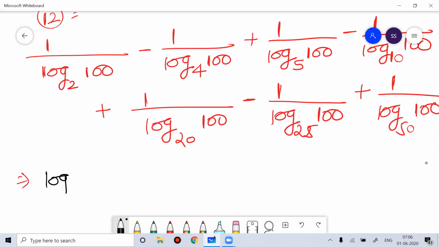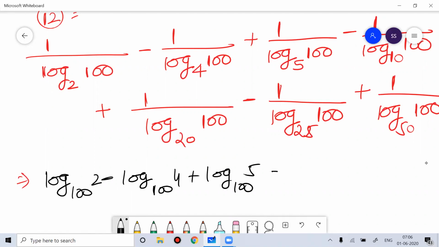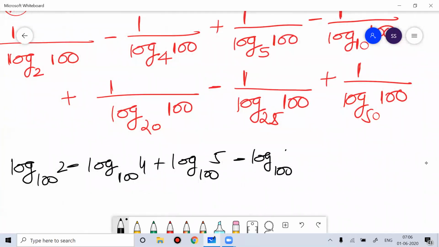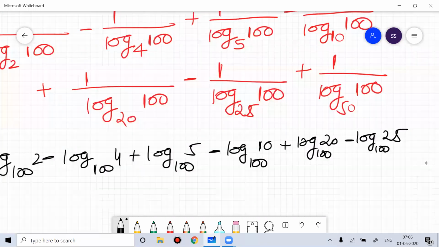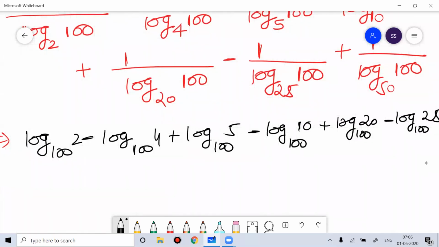So this will give you log base 100 of 2, minus log base 100 of 4, plus log base 100 of 5, minus log base 100 of 10, plus log base 100 of 20, minus log base 100 of 25, then plus log base 100 of 50.